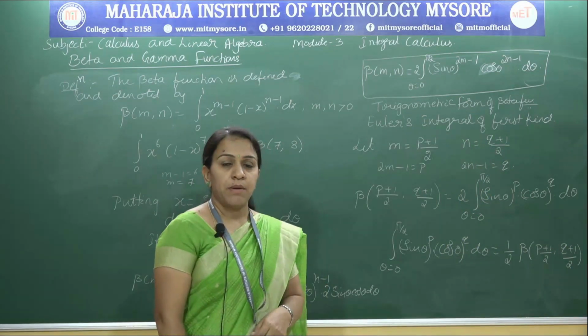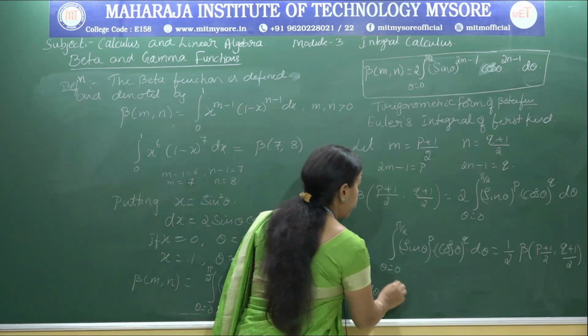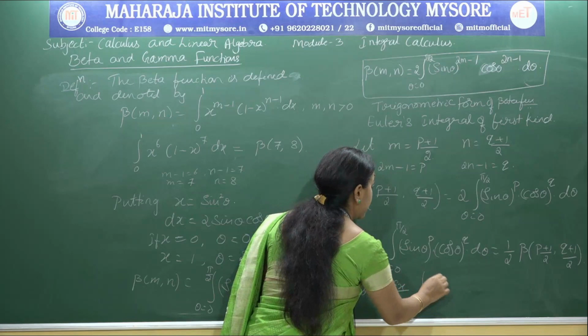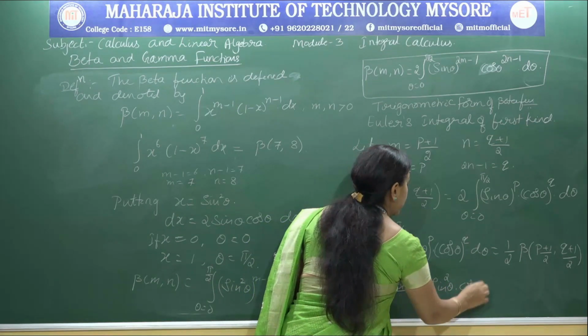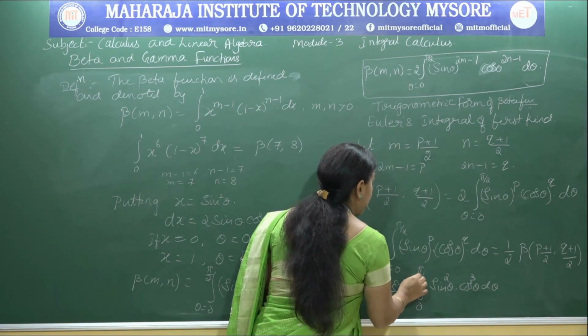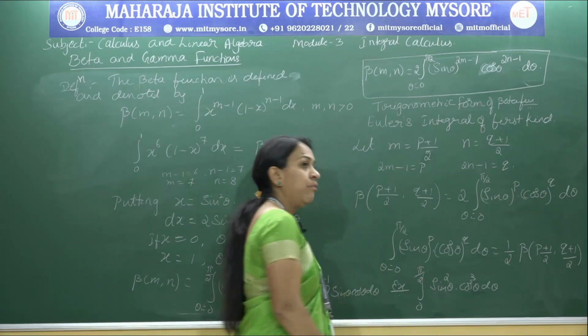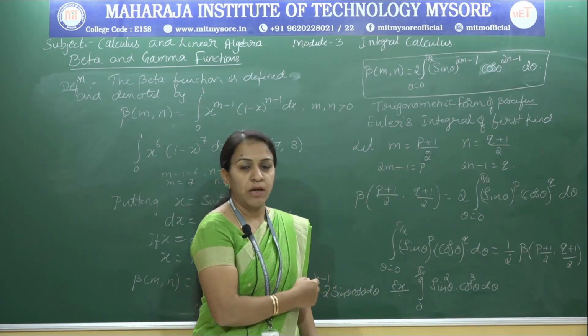Now let me give an example which can be solved using a beta function. For example, the integral of sin theta to the power of 2 into cos theta to the power of 3 d theta, between the limits 0 to pi by 2. Of course the limit must be between 0 to pi by 2, then only you can use this formula.